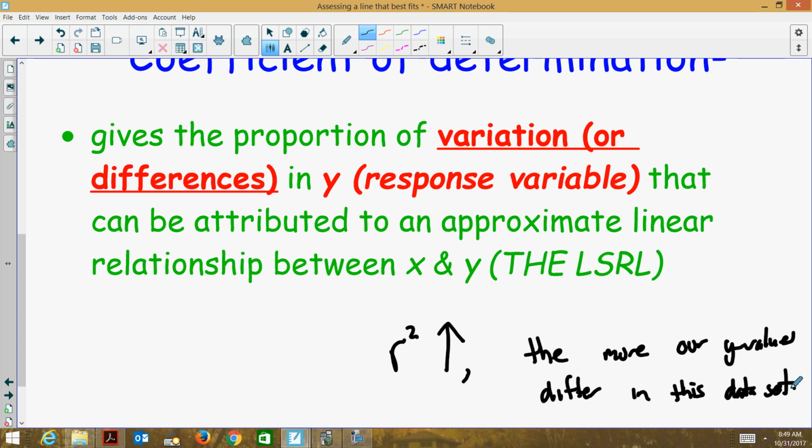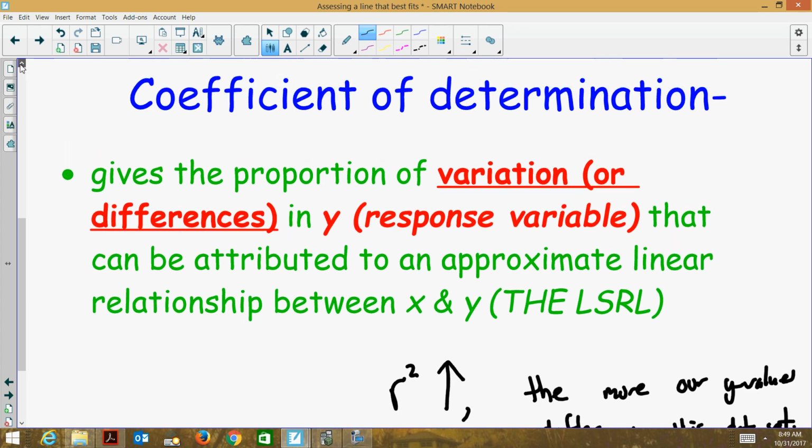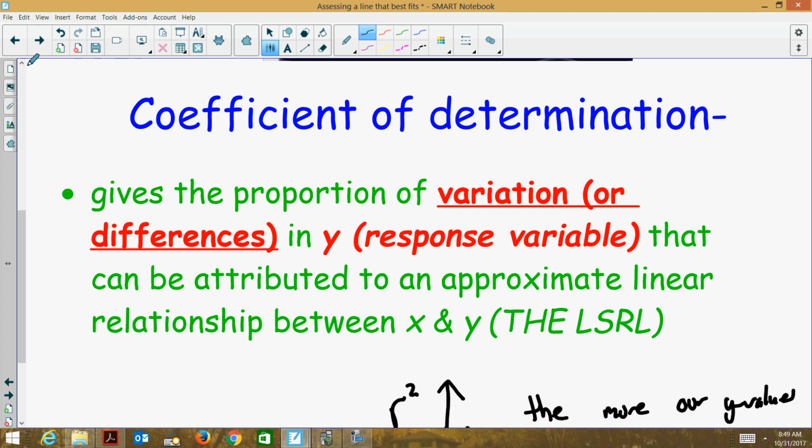So there is a reason why the coefficient of determination and the correlation coefficient have a relationship. The higher the correlation coefficient, the more we know about the differences in our y values.